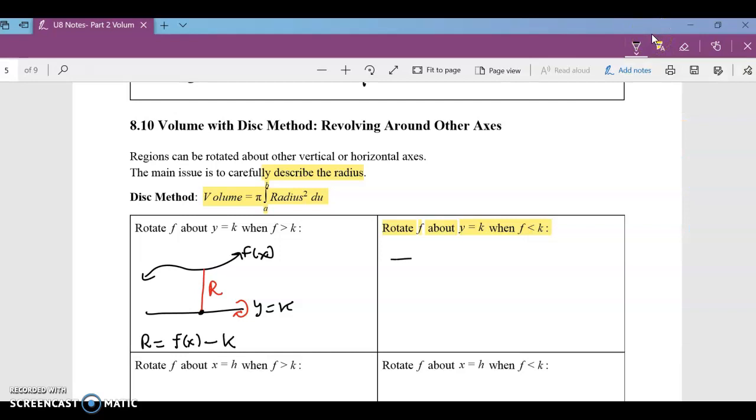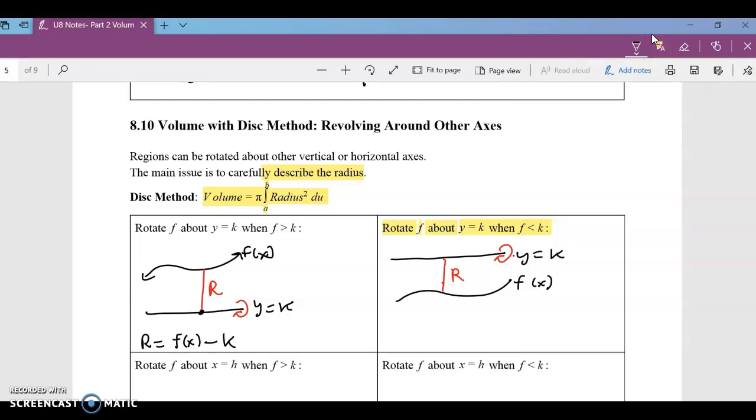Here is the line y equals k. f will be less than k, so somewhere down here is my f of x. I'm going to rotate about that line. I need to describe my radius, so I draw a perpendicular to that axis, and that would be my radius.